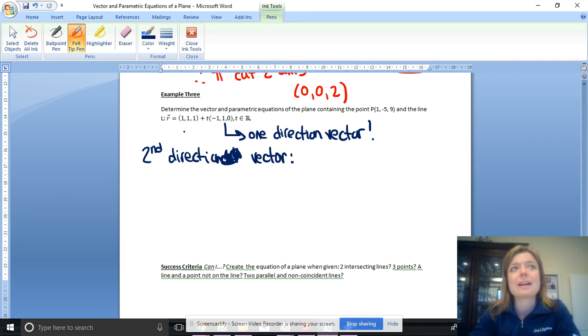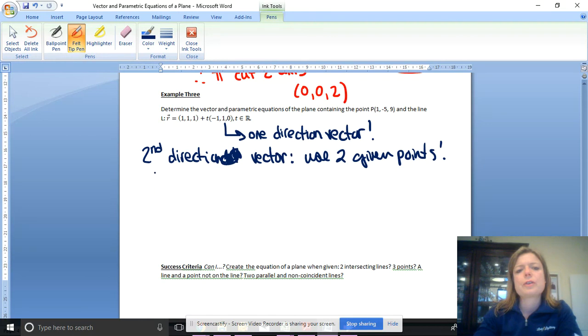That will give a second direction vector. So we use 2 given points. So for notational purposes, we'll let capital A be (1, 1, 1). So we can say then that AP is the second direction vector.